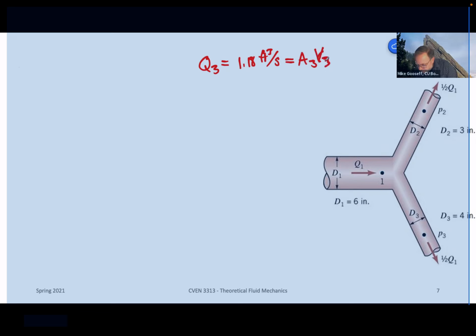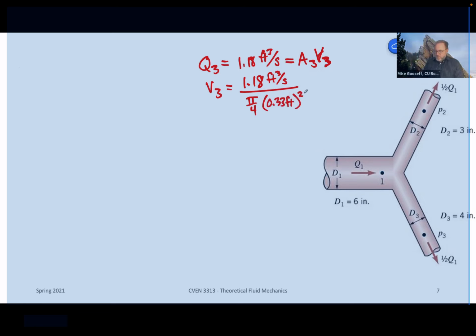So to solve for V3, we have 1.18 feet cubed per second divided by pi over 4 and then D squared, where D is 4 inches, so this is 0.33 feet quantity squared.